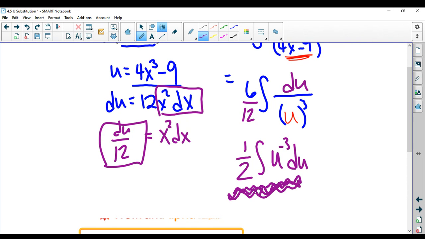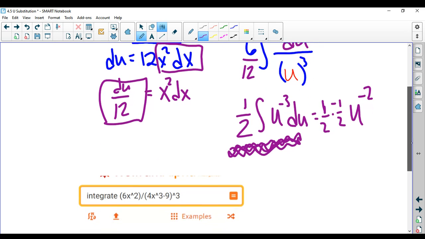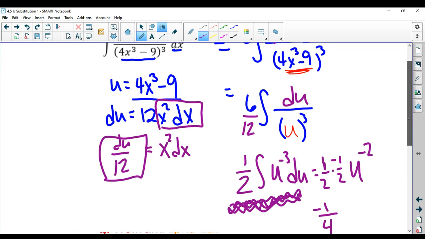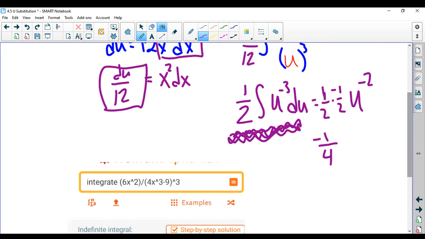It's the power rule. Add 1, multiply by a negative 1/2. So we already had a 1/2 times a negative 1/2. That would equal negative 1/4. U to the negative second, but u is 4x cubed minus 9.